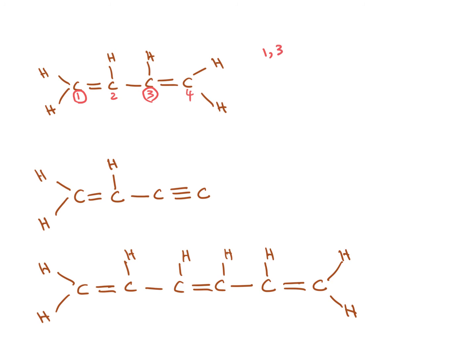We have 4 carbons, so it would be but-something. If it was just one double bond, it would be butene, but we have 2 double bonds, so it would be diene. So it would be 1,3-butadiene. I'm going to hold off on naming this compound because it has both double and triple bonds, and we didn't talk about them in class.